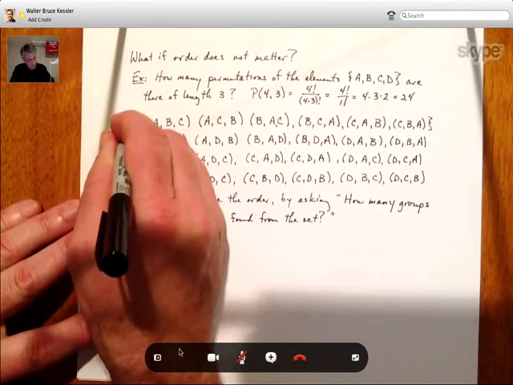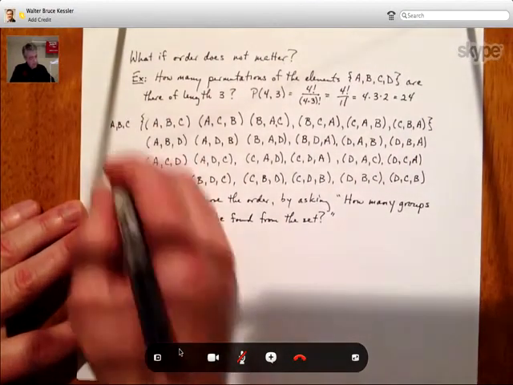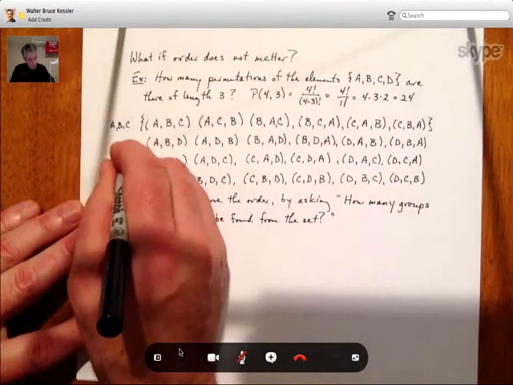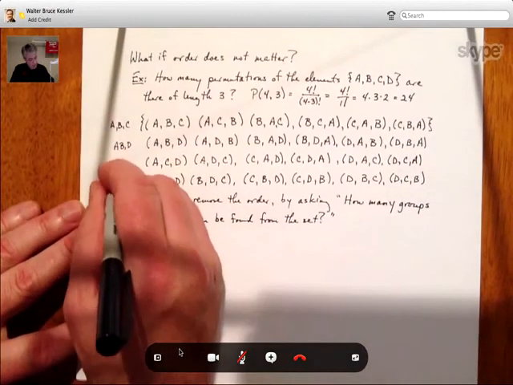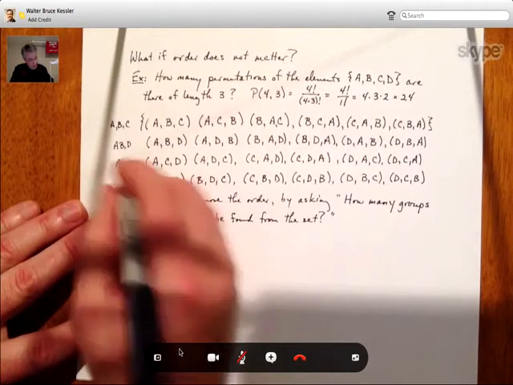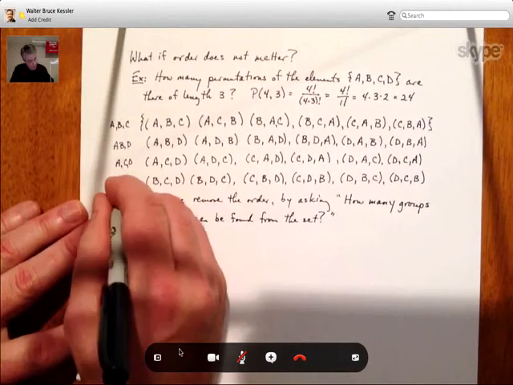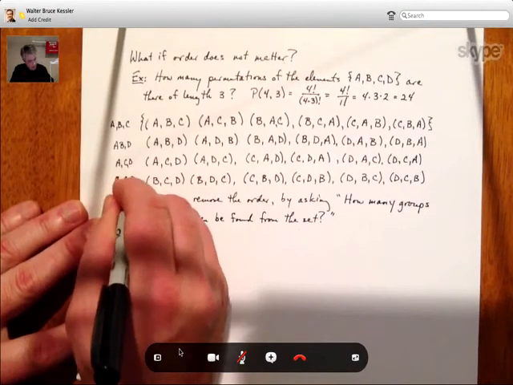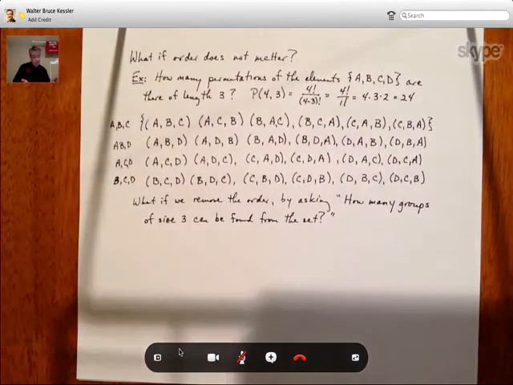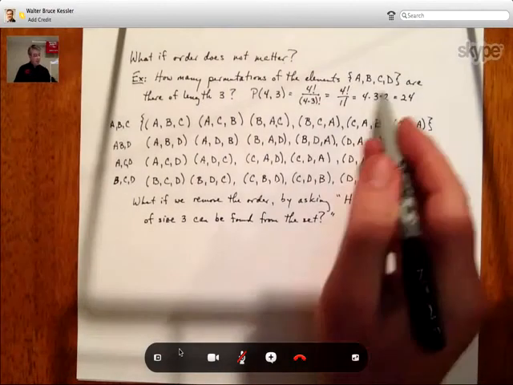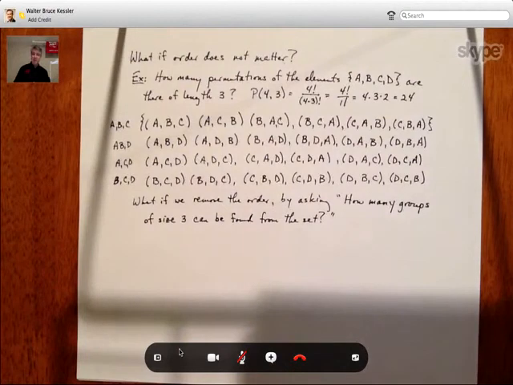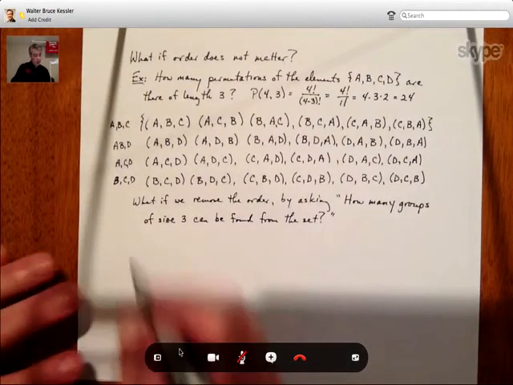This would be the collection with A, B, and C. This would be the collection with A, B, and D. This would be the collection of A, C, and D, and the collection with not A at all, but B, C, and D. In other words, what we're asking here is, okay, how many subsets of size 3 can we get out of this set?